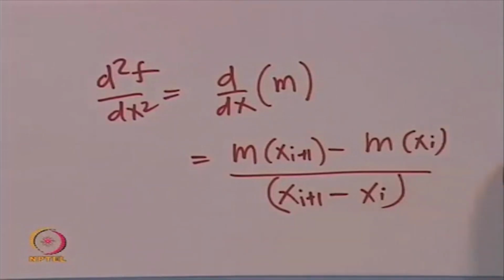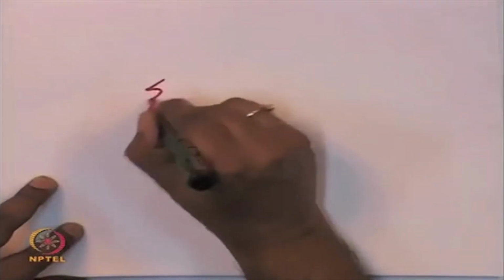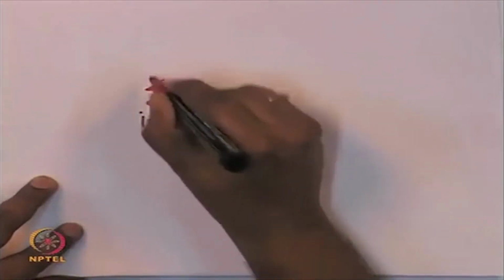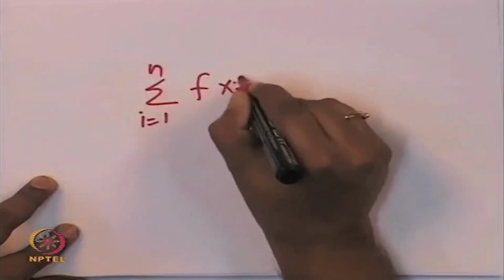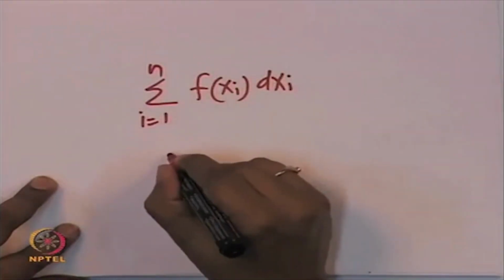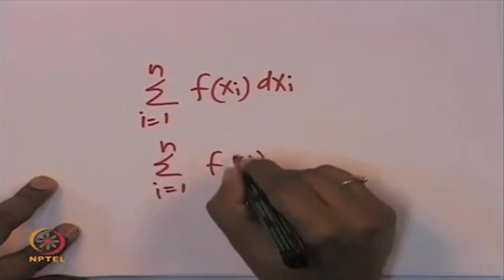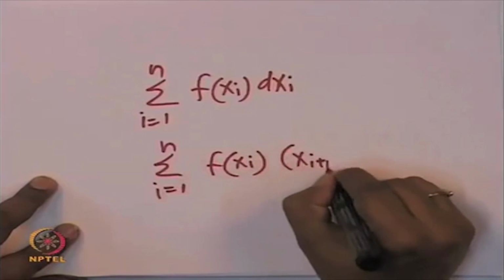Similar things can be done for given data. You can also integrate by the same rule that we said. Integration of data can be written, as we did, as the sum over i equals 1 to n of f of x i dx i, in other words, sum over i equals 1 to n of f of x i into x i plus 1 minus x i.